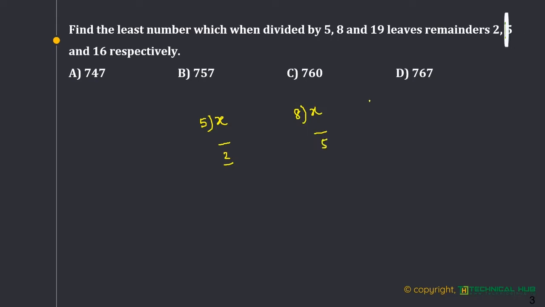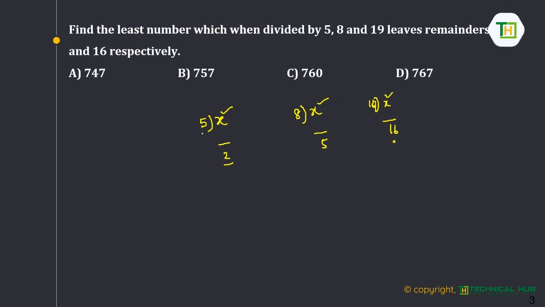If I divide the same number by 8, I get the remainder 5. And if I divide it by 19, I get the remainder 16. I have to find the value of x, which should be the least number. So how can I find this?